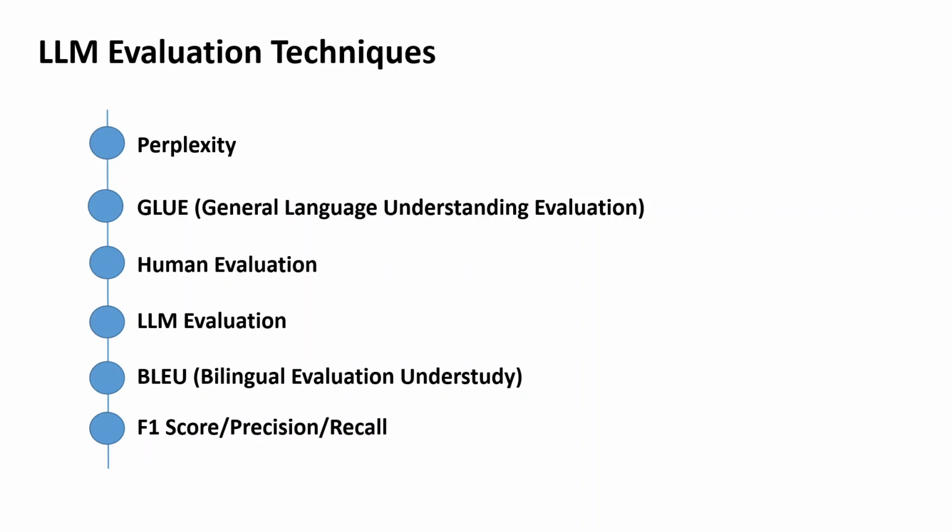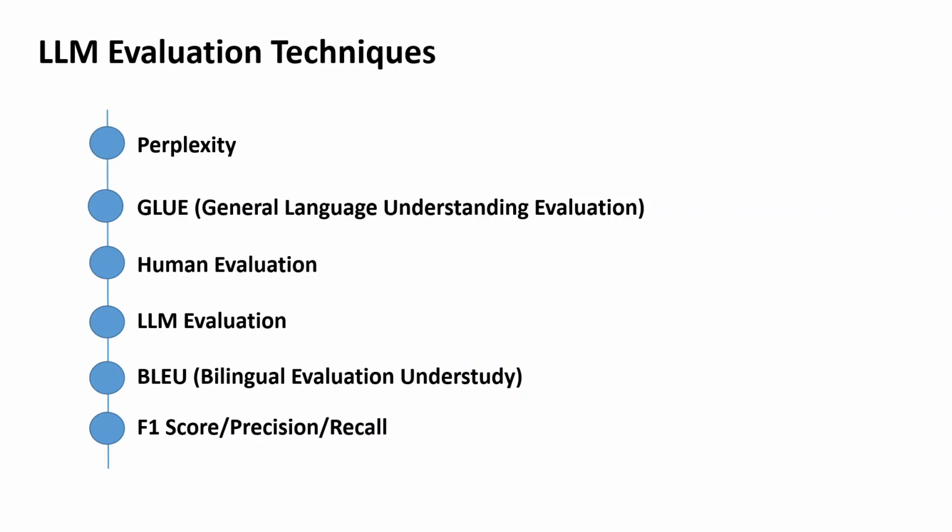It is sort of a lab-oriented model evaluation technique as it measures how well the probability distribution predicted by the model aligns with the actual distribution of words, and it doesn't always correlate with human judgment, and it doesn't work well comparing the model across different tasks. So if you're doing it in the lab and you just want a basic one, then go with perplexity. Then we have the General Language Understanding Evaluation, or GLUE, which is a collection of NLP tasks.